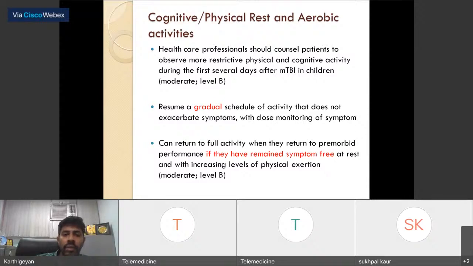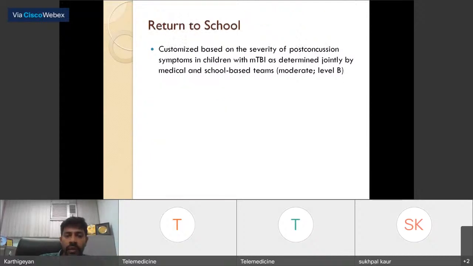And what about physical rest and resuming normal activities? The resuming of normal activities has to be gradual. Basically, we have to discuss with the families and persons. So go slow, and if they're able to tolerate their normal activities, and they don't have any recurrence of symptoms, post-concussion symptoms, then slowly they can get back to their normal activities.